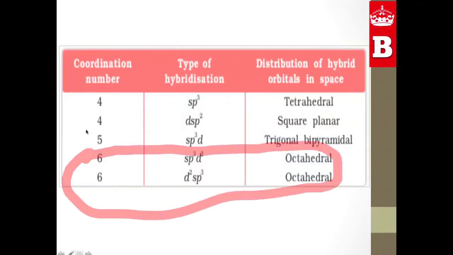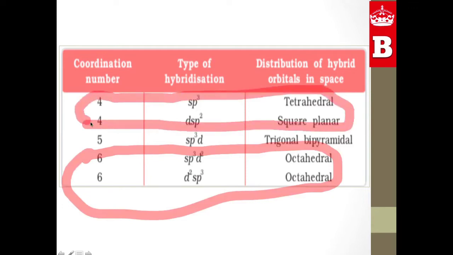For 5, there is no need to concentrate at all, and we need to concentrate on 4 as well as on 6.